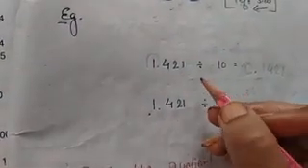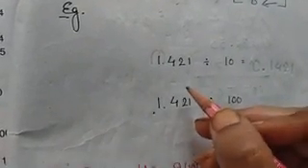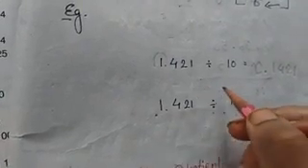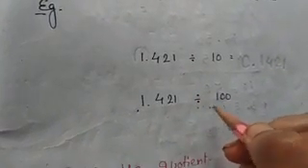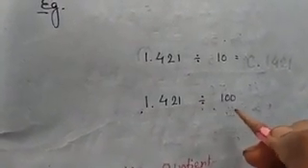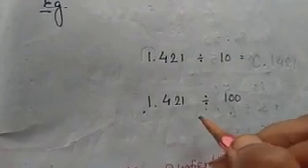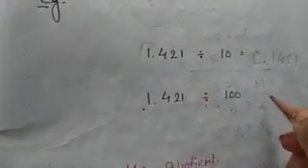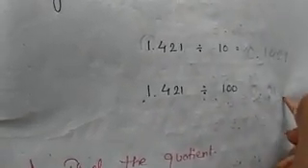As the divisor has 1 zero, we have to move the decimal point one place to the left in the dividend. Now the divisor has 2 zeros, so we have to move the decimal point 2 places to the left in the dividend. Now here, 0.01421.